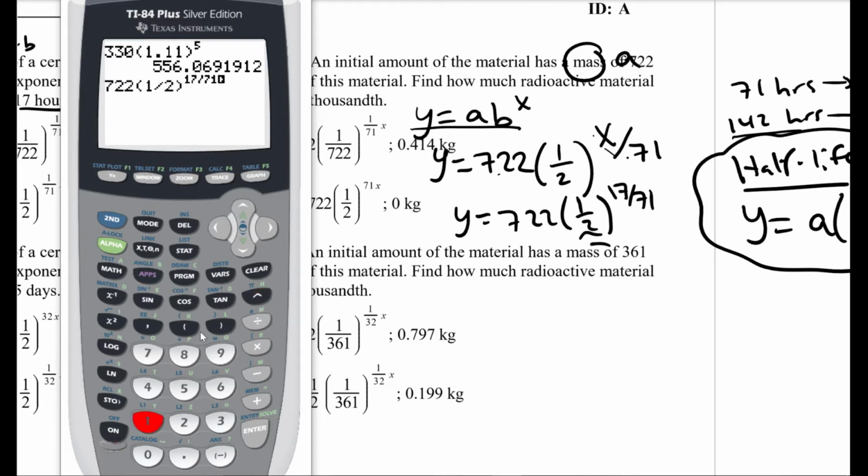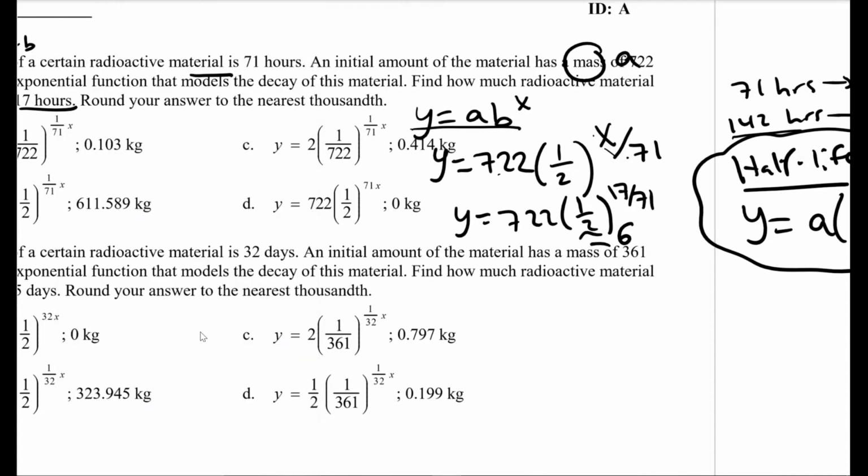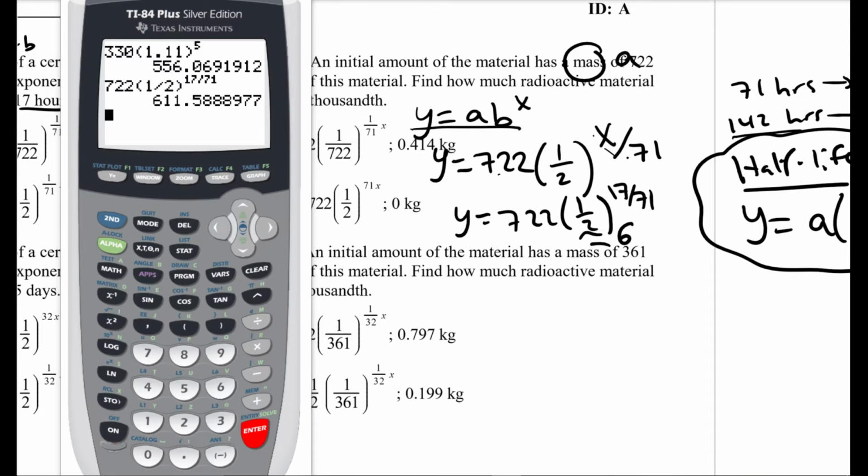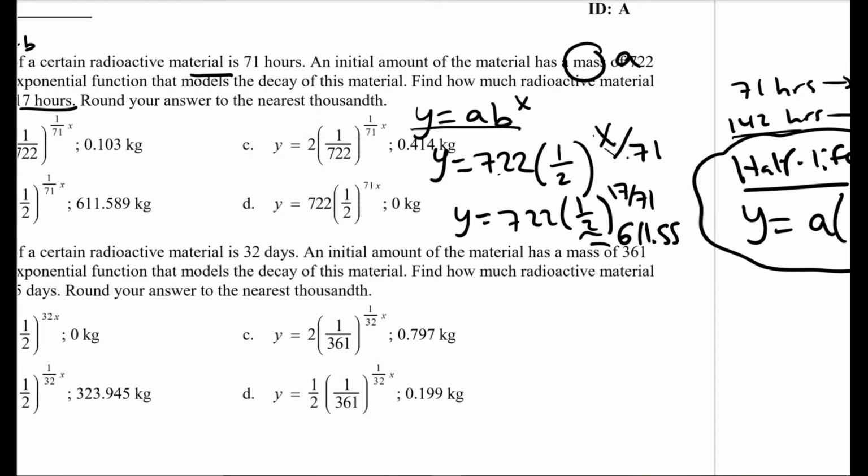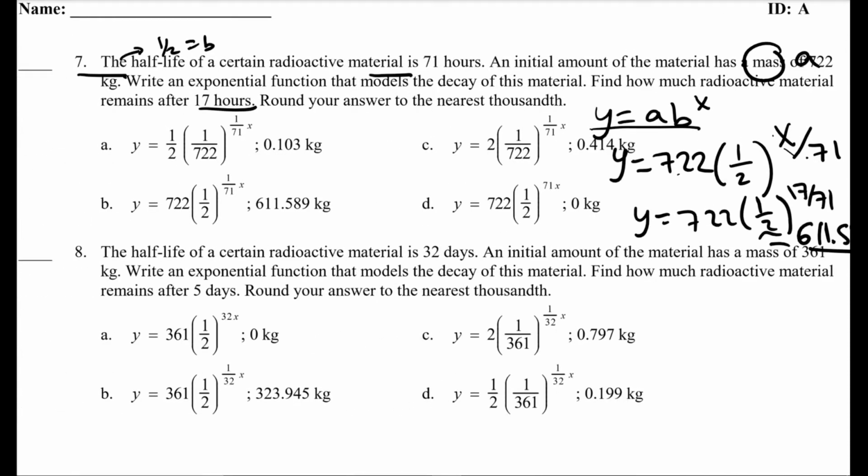And that's going to be 611.6. I guess we can use 589 kilos. All right, so that looks like B.